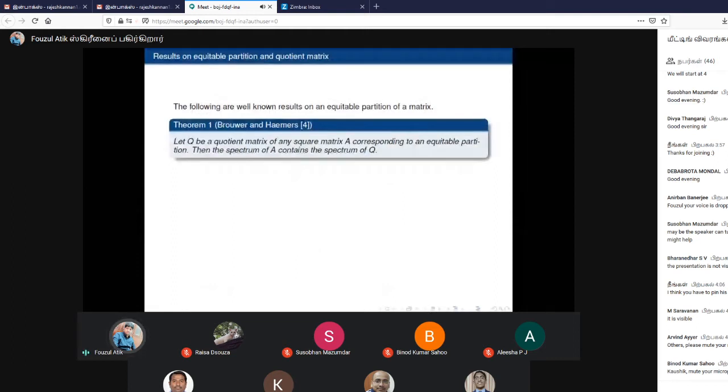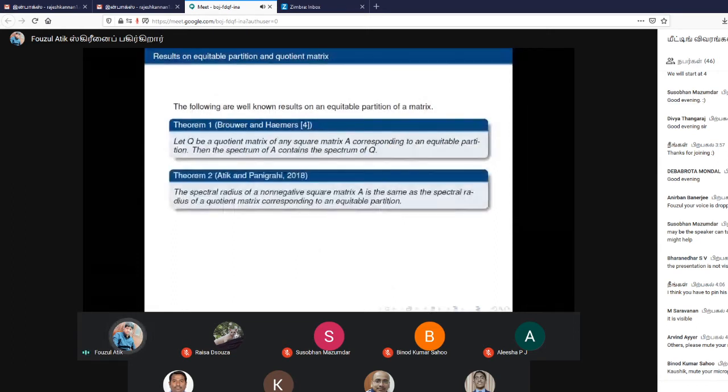Next, in 2018, with my guide Professor Pratima Panigrahi, we obtained a result which says that the spectral radius of a non-negative square matrix A is the same as the spectral radius of a quotient matrix corresponding to an equitable partition.